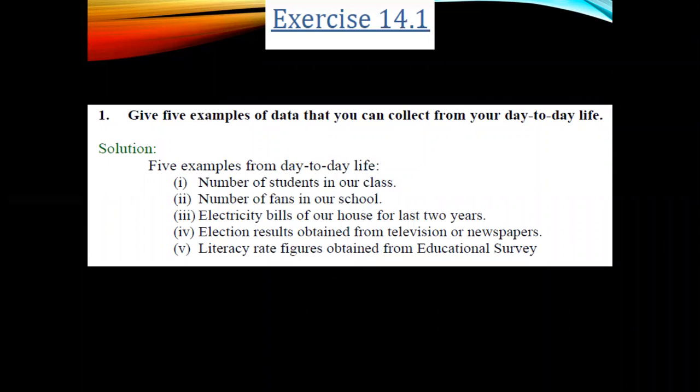This will be a secondary data because the primary data in this scenario is the number of votes that have been calculated or that have been cast for an individual. So the number of votes is your primary data, and based on the number of votes that each individual contesting the election has received, the result of the election that you obtained from your counting of votes, which was your primary data, will be considered as the secondary data. So the election results will be considered as a secondary data.